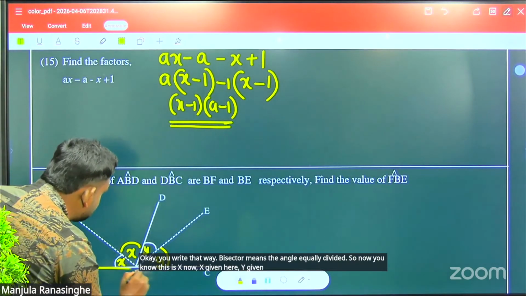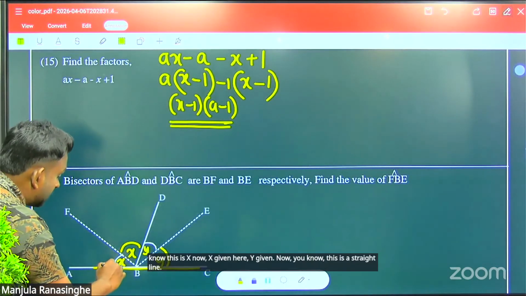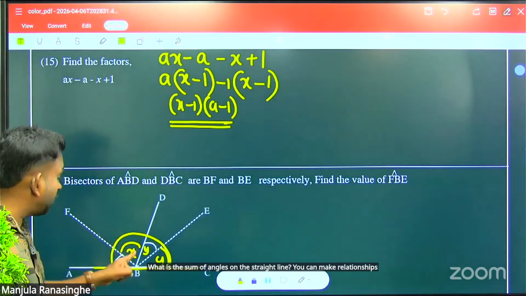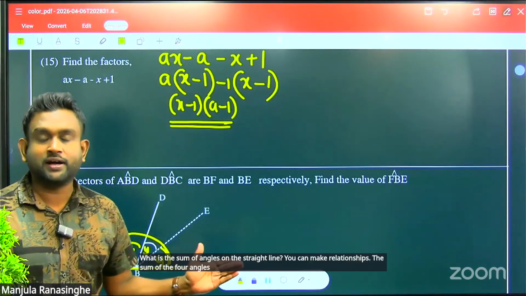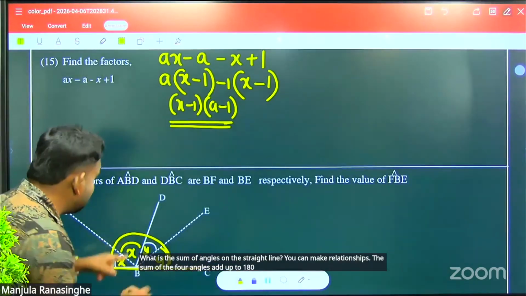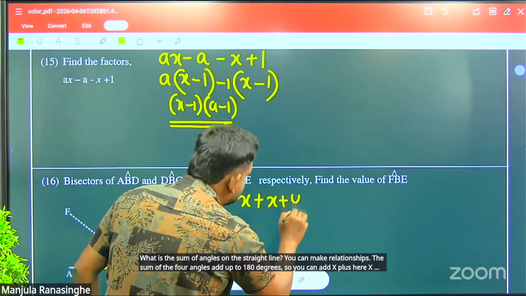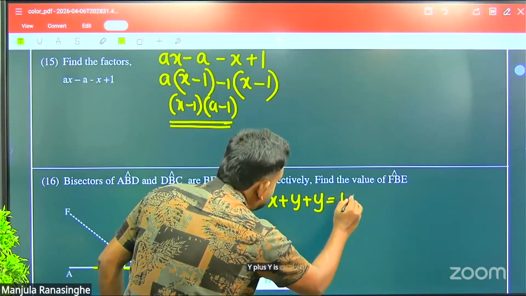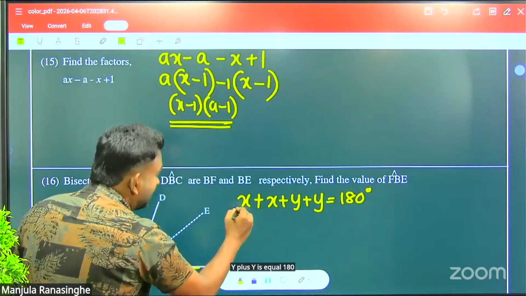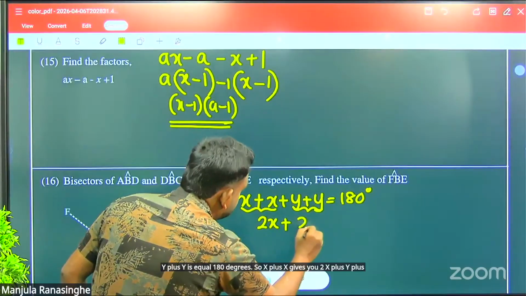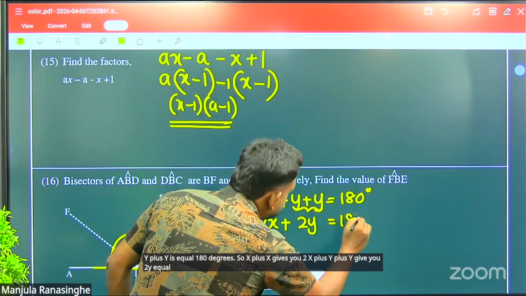Now you know this is a straight line. What is the sum of angles on a straight line? You can make relationships. The sum of the 4 angles adds up to 180 degrees. So you can add x plus x plus y plus y is equal to 180 degrees. So x plus x gives you 2x, plus y plus y gives 2y, equal to 180.